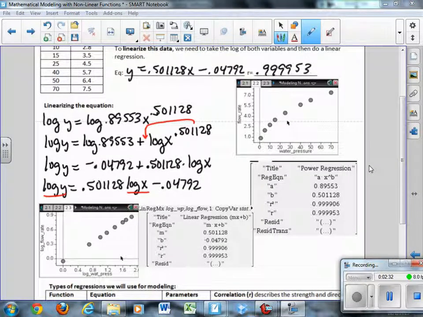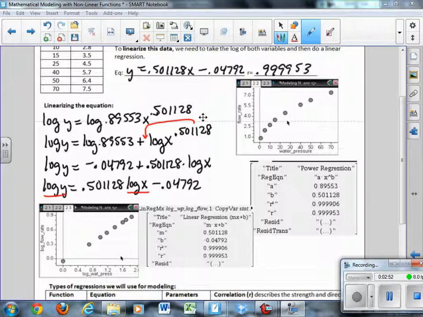And to save time a little bit, I'm going to go ahead and show you the results of what we're doing here. If I take the log of both sides of this equation, once again, of my power function, I'd have log y equals log of 0.89553 times x to the 0.501128.